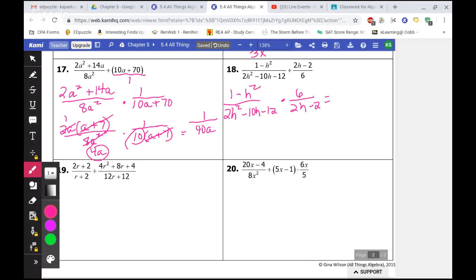Which that factors, this is the top over here. I'm hoping you guys are recognizing that. That's the difference of two squares. So, because one is a perfect square, that's going to be factored to 1 plus h and 1 minus h. Are you all starting to see that pattern a little better?